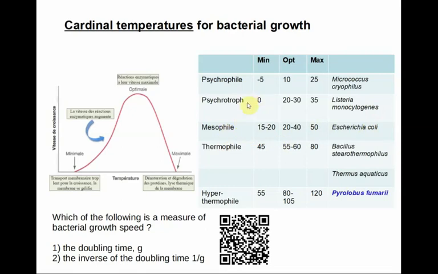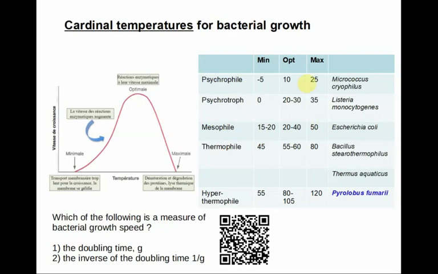However, psychrotrophic bacteria, well, their growth optimum might be between 20 and 30, but they can still carry on growing at temperatures down to perhaps 0 degrees. So Listeria monocytogenes, that's the one that can contaminate your tuna mayonnaise, pate, stuff like this in the fridge, because the Listeria can carry on growing even if it's cold.